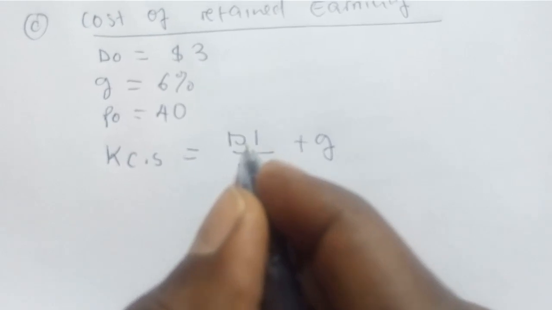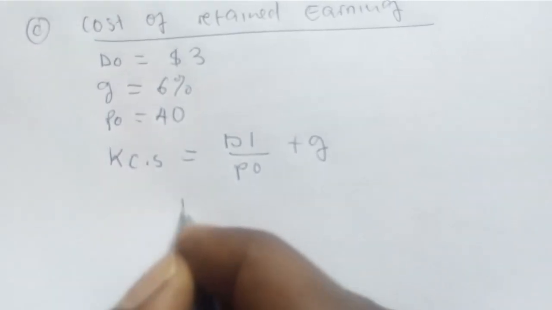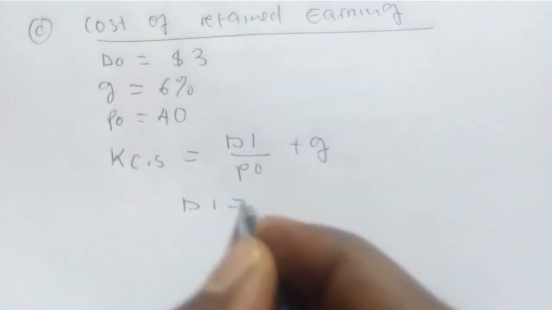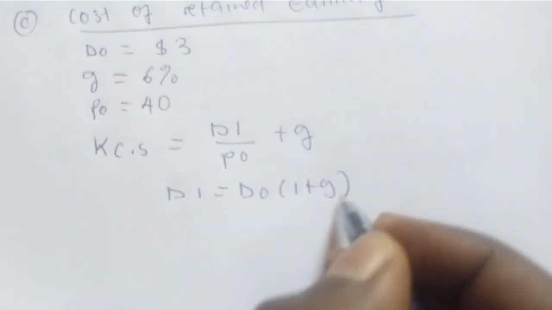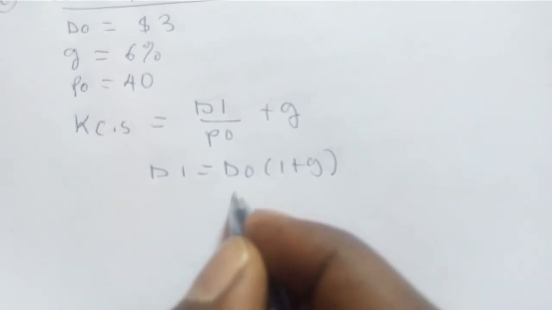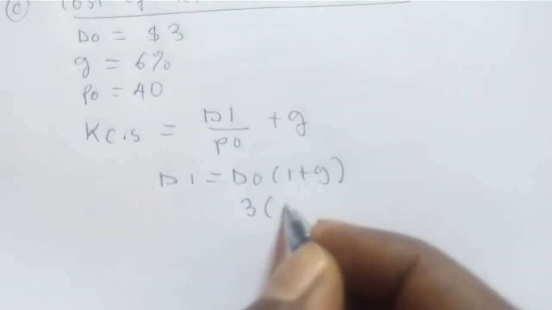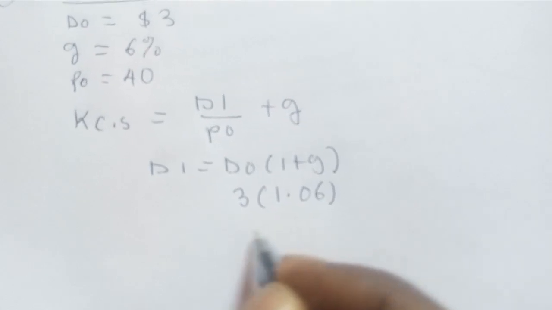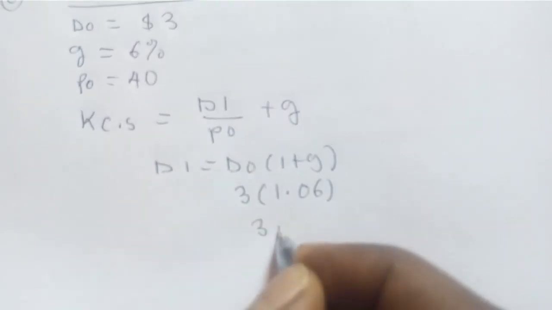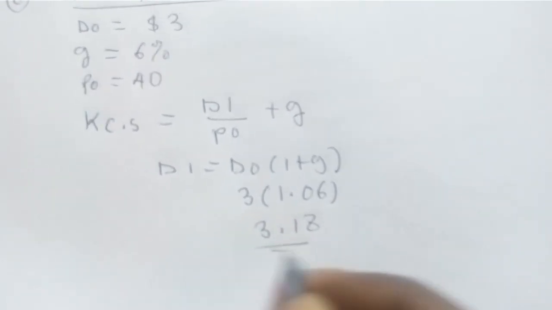So we have to find our D1, which is the expected dividend. The expected dividend is equal to the current dividend multiplied by 1 plus g, giving us $3 times 1.06. This is going to be $3.18.